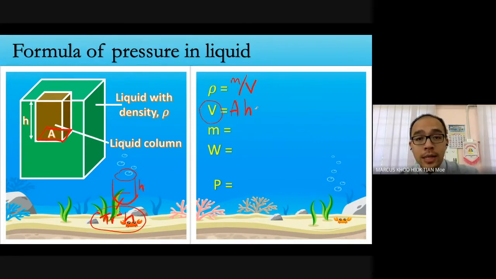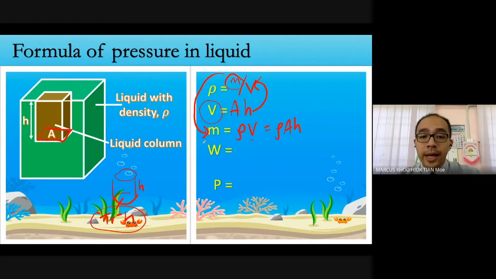So let's say I substitute the volume in here, and I make m the subject of the formula. I will get rho V, which is rho A h. I substitute V as A h, and then I switch this around so that I make m the subject. So I get rho A h.